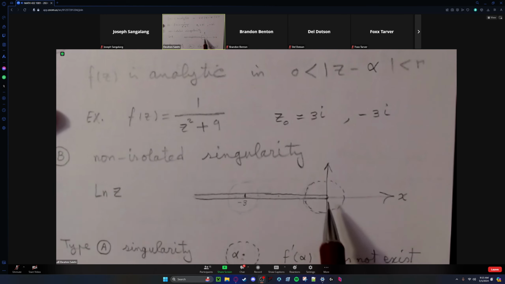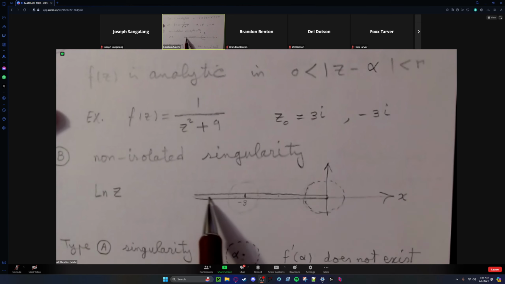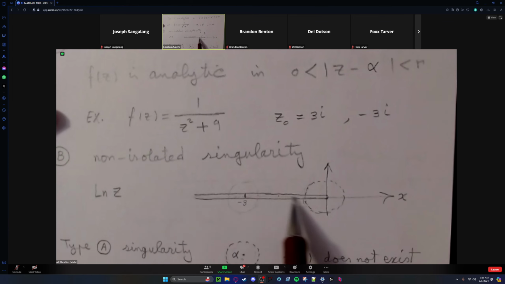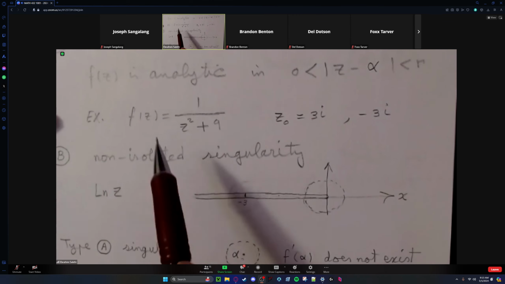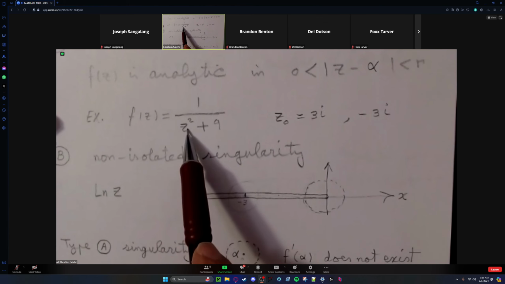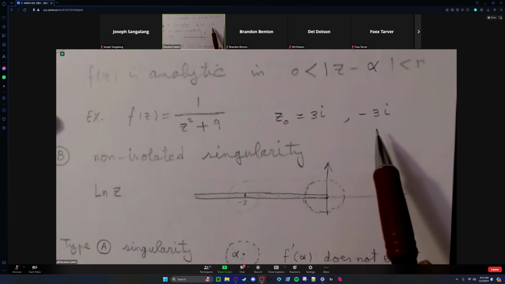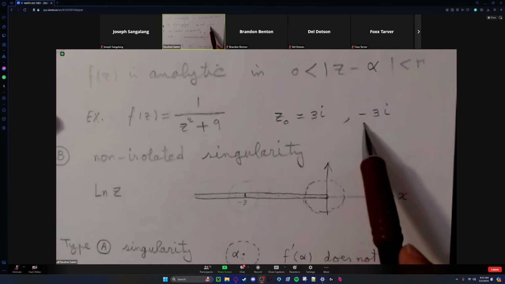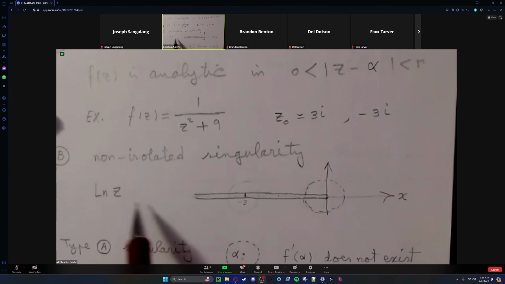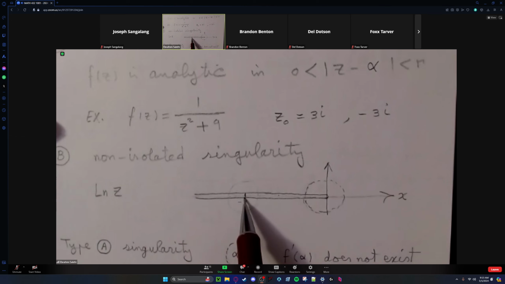A non-isolated singularity example is the logarithm. Remember, the logarithm doesn't have a derivative on the left side of the x-axis, and zero, of course. We can isolate this point and that point. But when it comes to the logarithm, here is -3.